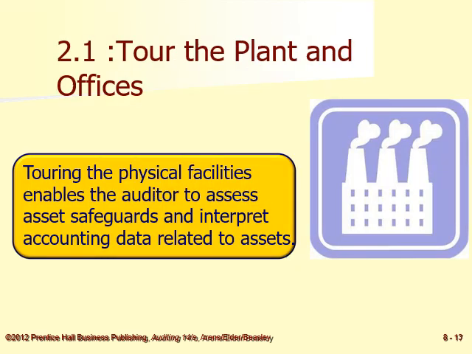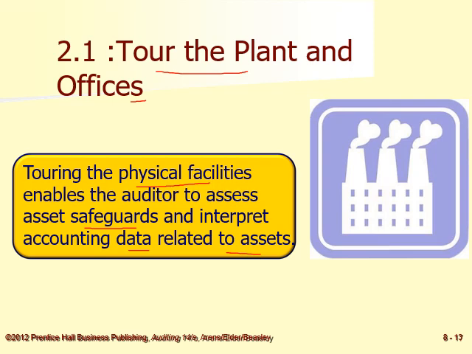Okay, number 2.1. In order for us to understand the business operation and also the process in the client company, first we can tour the plant and office. So we can go to the client company. In touring the plant and client company, we see the physical facility, which enables the auditor to assess the safeguarding and interpret accounting data related to the assets.